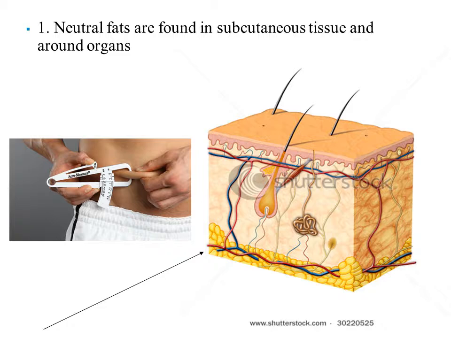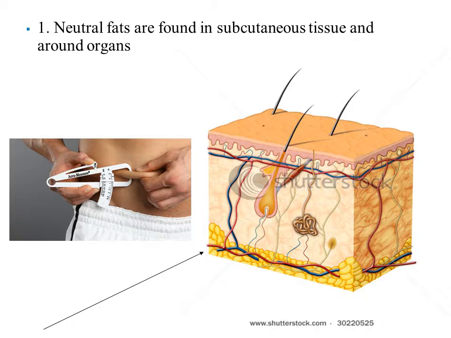Neutral fats are found up under our skin, so it is subcutaneous. It is also found around our organs. So in this image to the right, this is a cross section of skin, which is composed of the most superficial layer, called the epidermis.